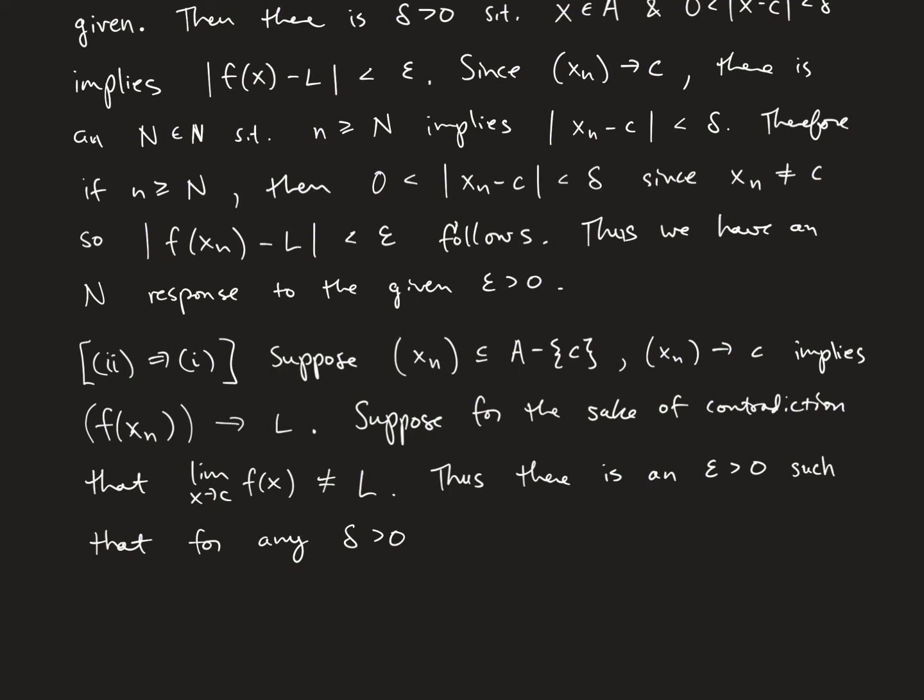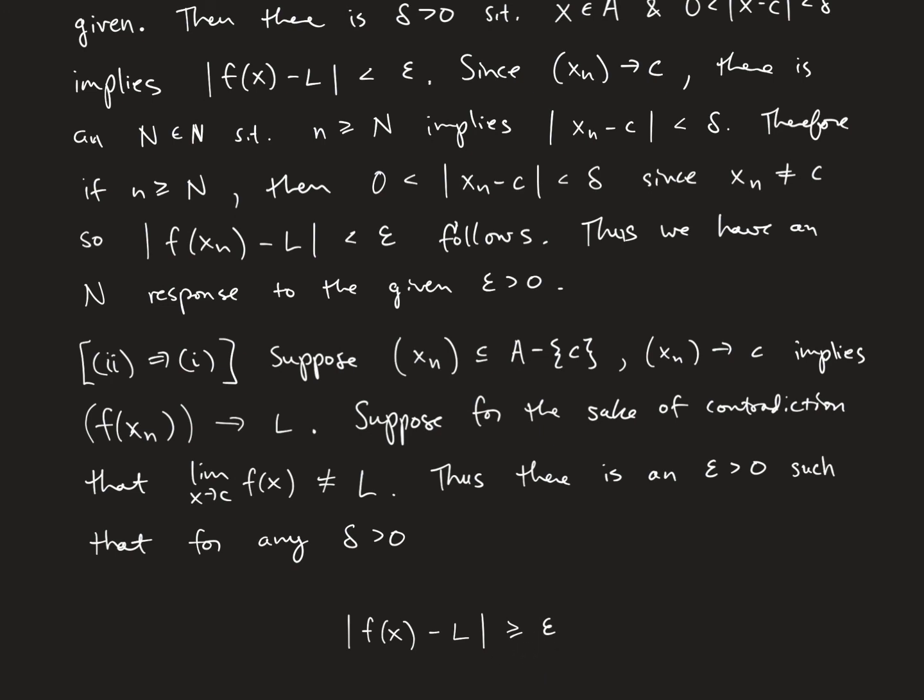well, what happens is that we're not going to be able to pass our challenge, right? So the absolute value of f of x minus L is going to be greater than or equal to epsilon for some x in A, right? For some x in A which is within delta of c. So there's something close to c in A which fails this challenge.